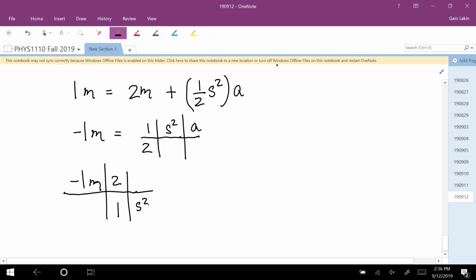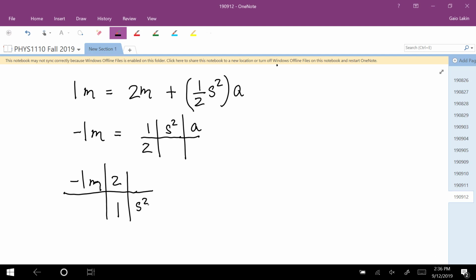Anybody have any questions about what I'm doing with the division there? Okay. So I'm just trying to divide. First I subtracted 2 meters from both sides, and then we have -1 meter is equal to 1/2 seconds squared times A. And then I'm just trying to divide both sides by 1/2 seconds squared.